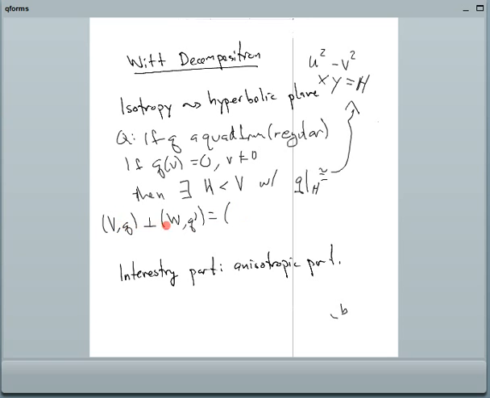As vector spaces, you just take the product of the two vector spaces, and for the forms, I'll write it as Q perp Q prime, but how is it defined?